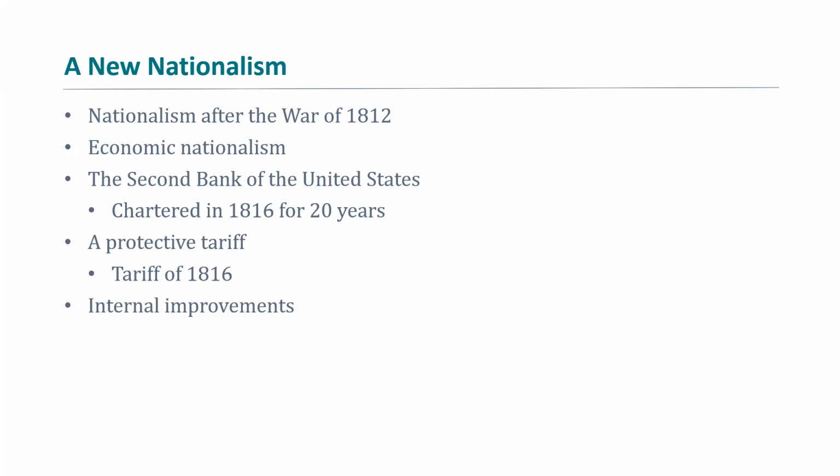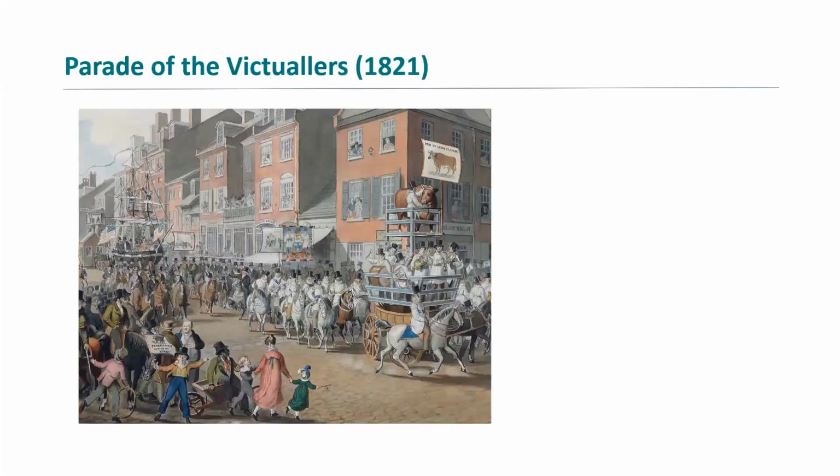Okay. The War of 1812 makes us realize relatively quickly that we need some improvements in terms of transportation specifically, right? We need transportation improvement so we can move around, right?